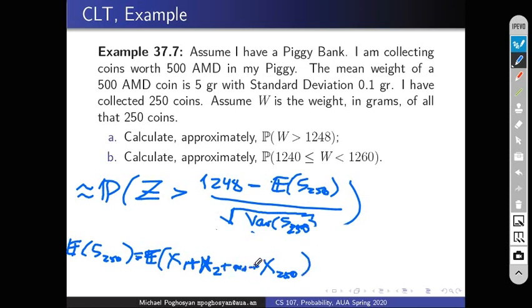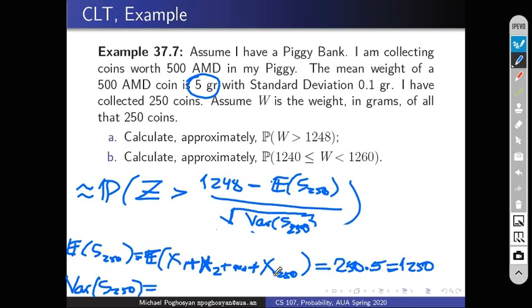So this is equal to 250 times the expected value of x1. And the expected value of x1 is 5 grams. So 1250. Okay.